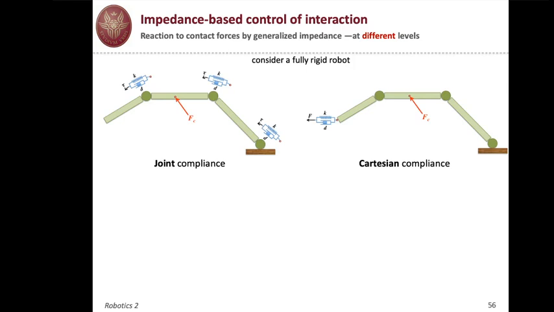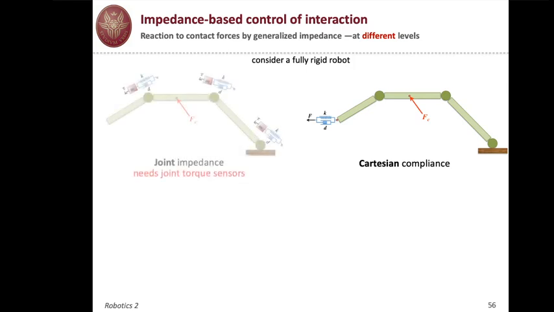And you can do this in two ways. For instance, if you want to implement a joint level impedance, joint level impedance means that you want to assign to each joint a behavior like a mass spring damper with a desired value of the mass, of the stiffness of the spring, and of the viscous coefficient of the damper.